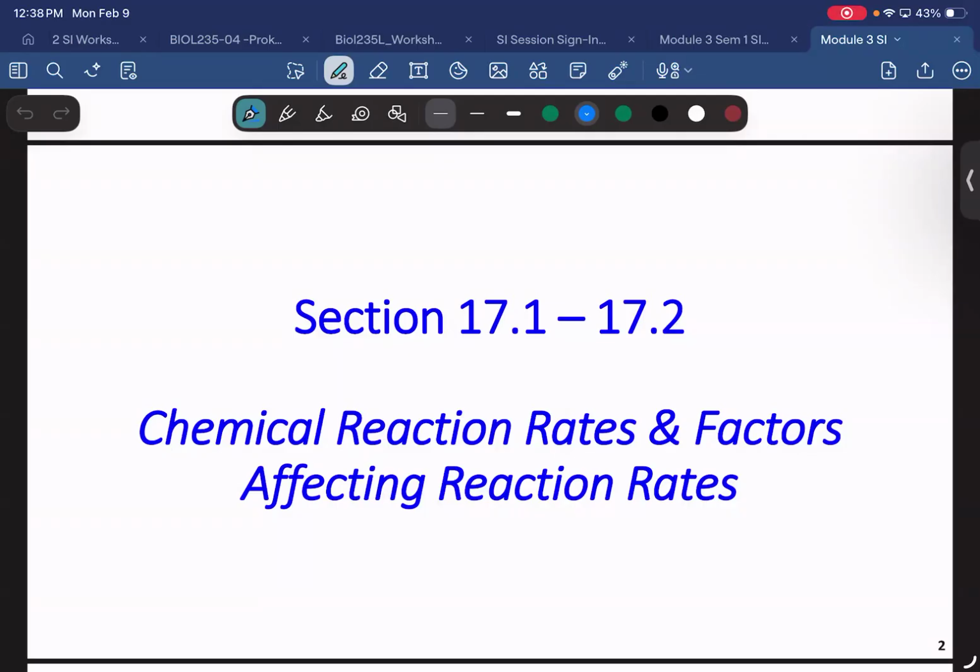I don't know if you remember the formula from last module, but it's delta T equals i K_f m, where m stands for molality. This is something you could probably see on the MCAT. I think I saw something with osmotic pressure, which is pi equals i M R T. I don't remember the specific symbol, but that's the idea.